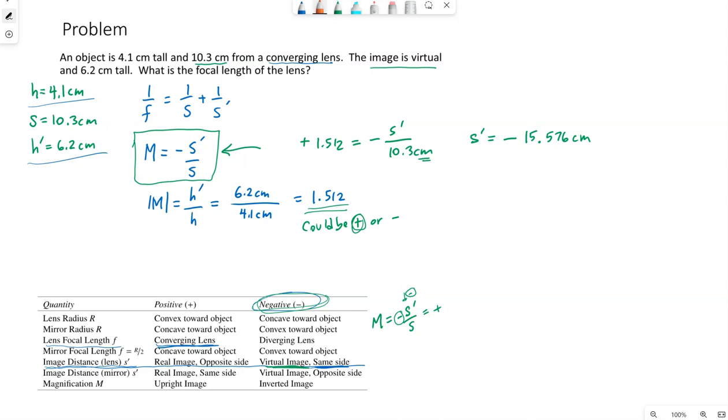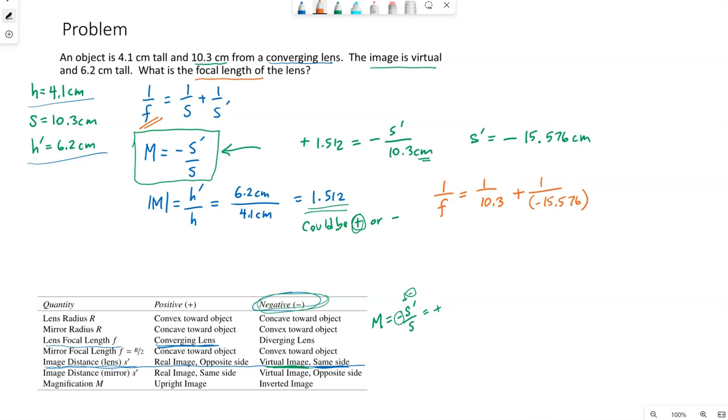Well, we're looking for the focal length of the lens, so we want F here. 1 over F is going to be 1 over S plus 1 over S prime.